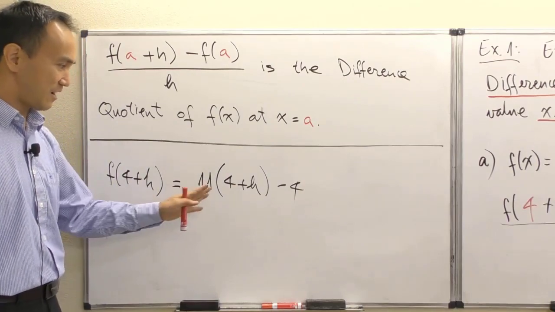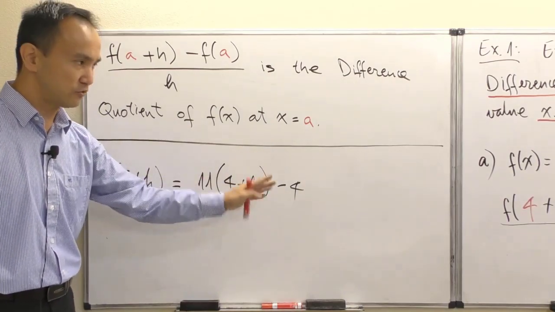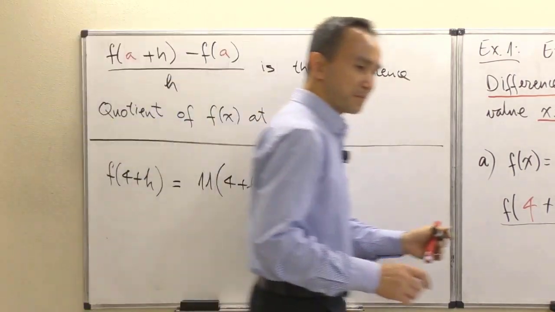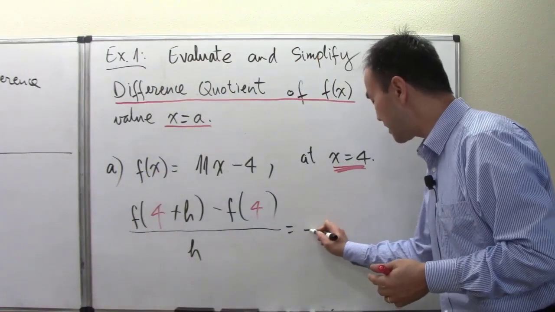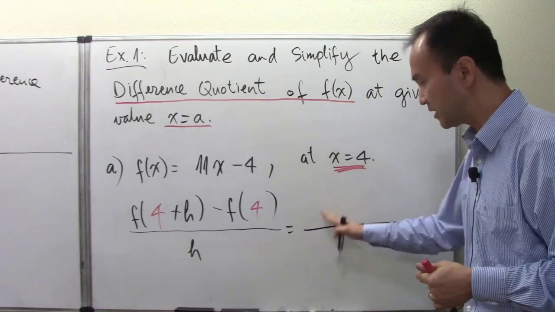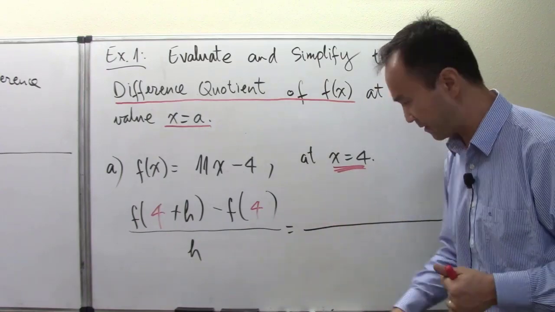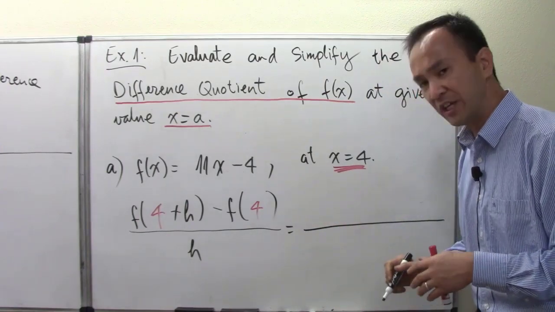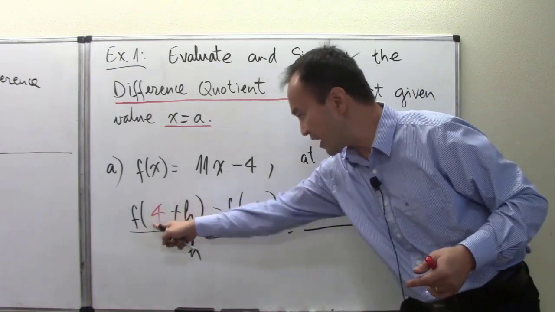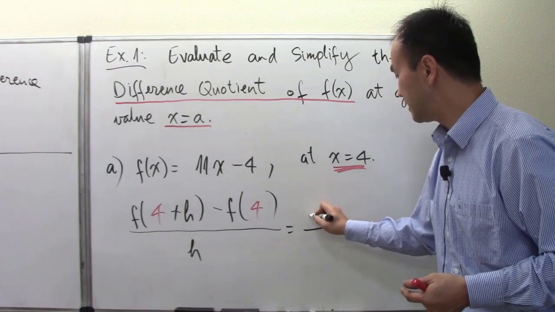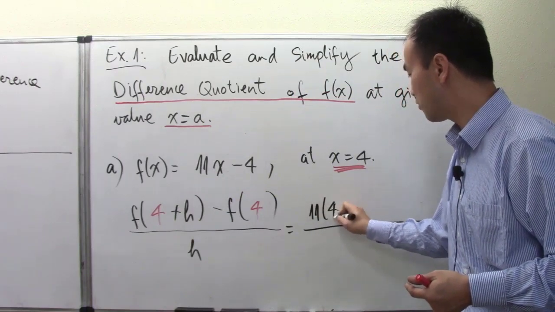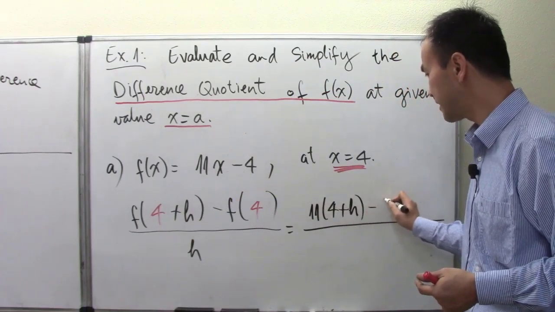Now I'm going to copy and paste this end result and bring that into my function. In my next step, the setup becomes the following. This is the evaluation point, the point that we're evaluating the function at, this given expression 4 plus h. So now I'm looking at 11 times the input 4 plus h minus 4.